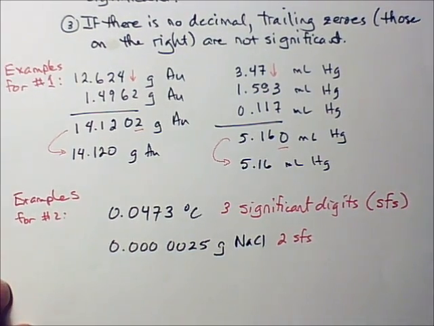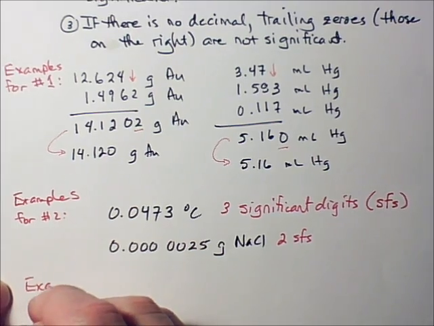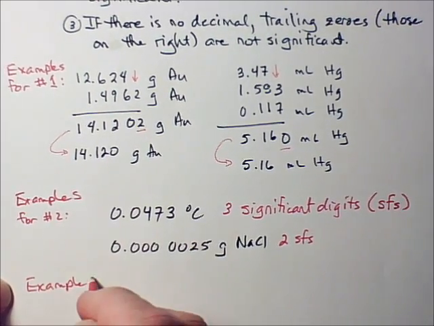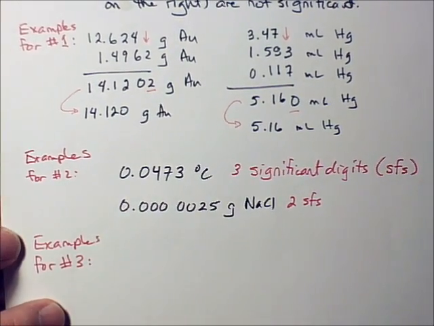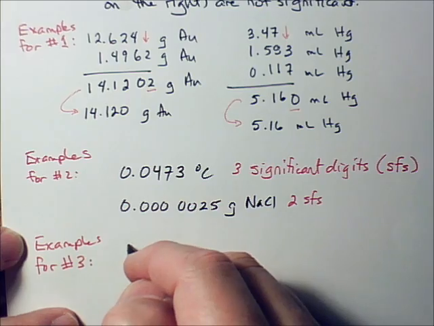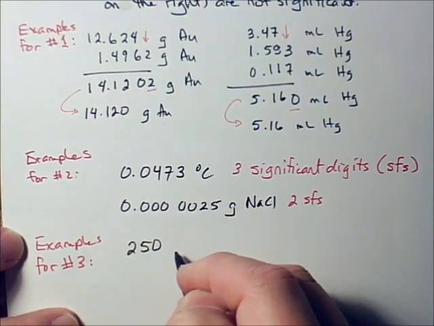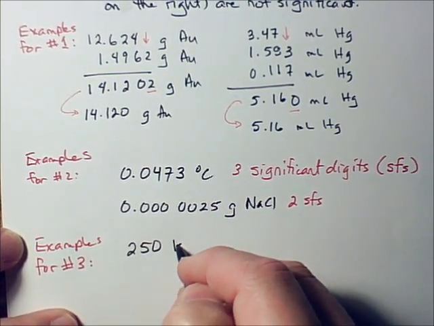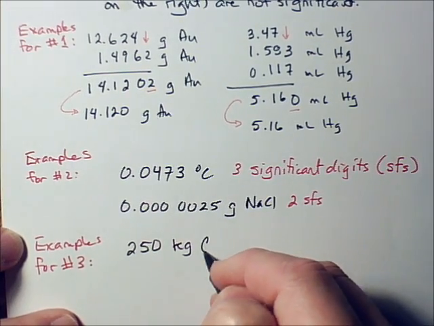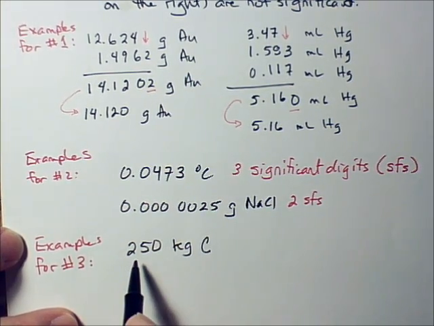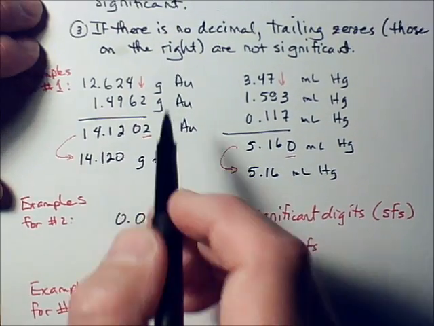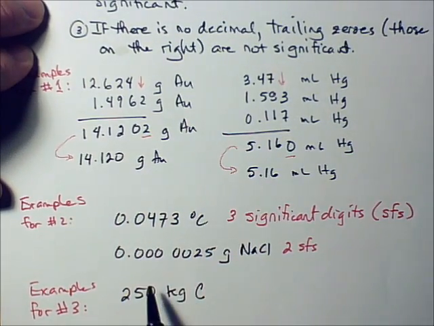All right, so here's the example number for number 3. How many significant digits in this number? Just 2. Okay, and here's why. If there's no decimal, and there's no decimal in this number, then the trailing zeros are not significant.